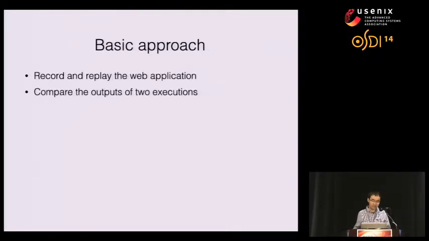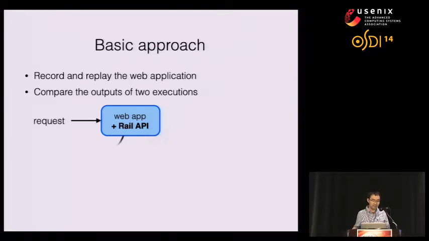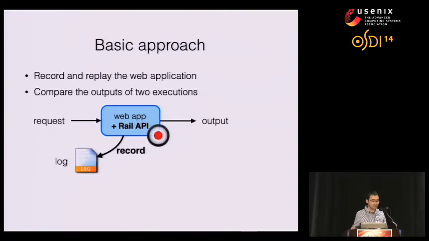So the basic approach of Rail is to record and replay the web application and then compare the output of the two executions. First, the application developer writes the application using Rail's API, and then the administrator starts the application in recording mode. As a request comes in, Rail will log all the inputs, outputs, and the execution history into a persistent log.